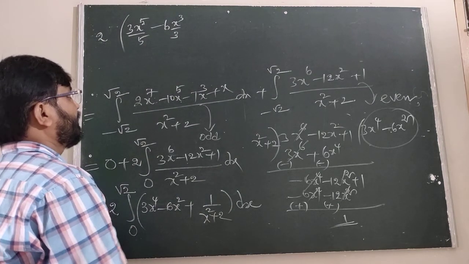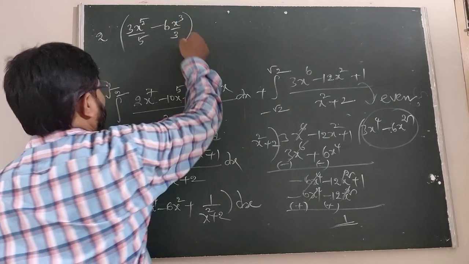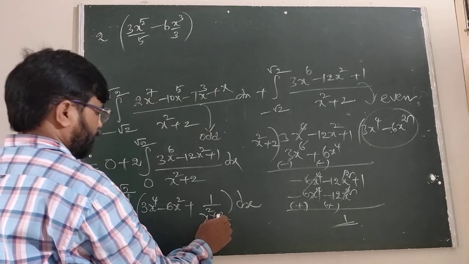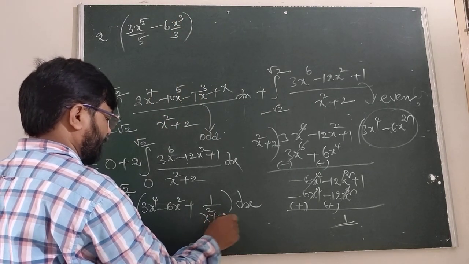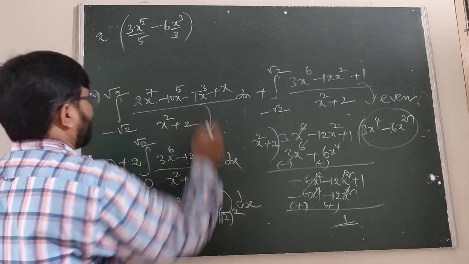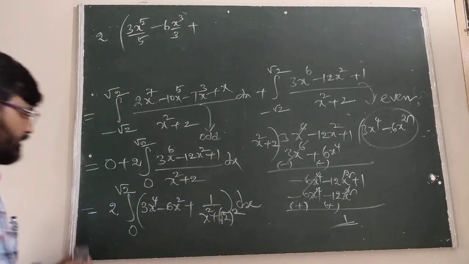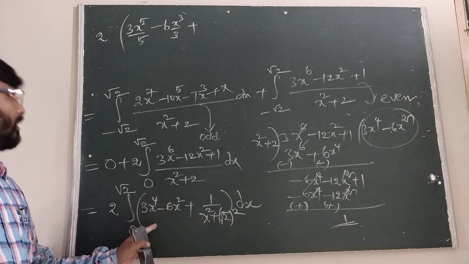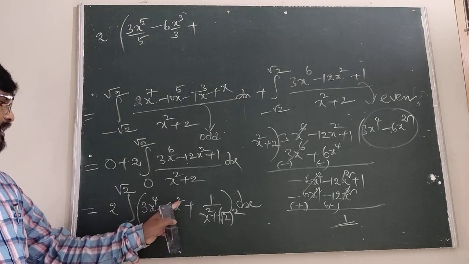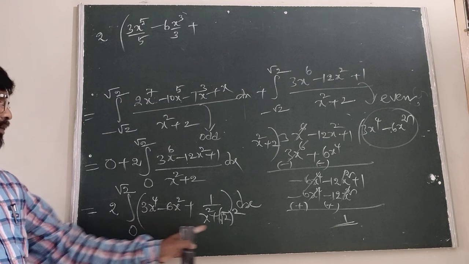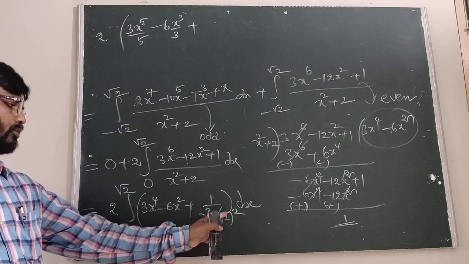Now how to write this one? When we take 2, it can be written as root 2 whole square. This is also of the form 1 by x square plus a square. This is x power 5 by 5, this is x cube by 3. We can write 2 as root 2 square.